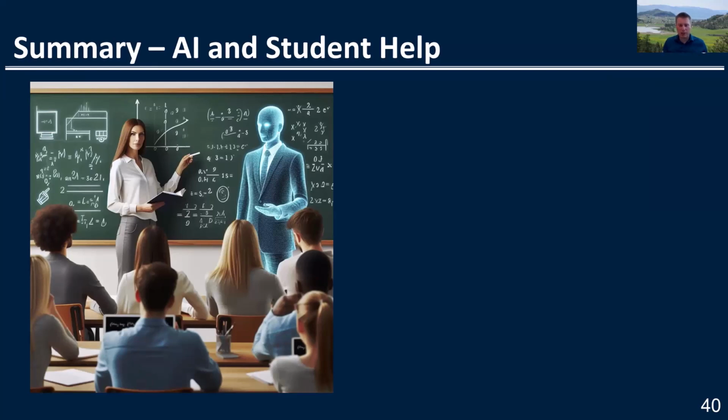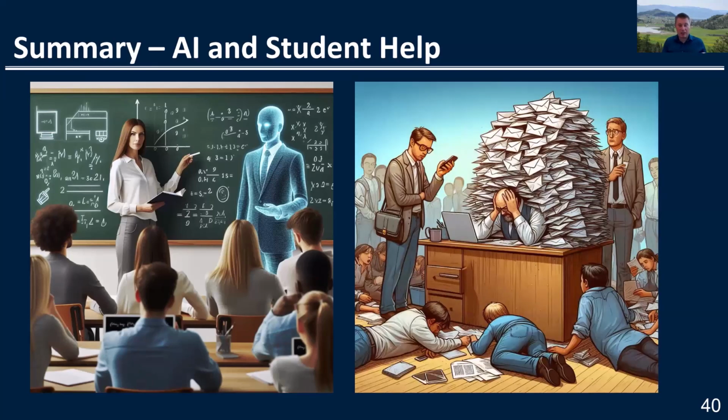What you can do is not just generate content and assessments with AI, but also have it help you answer some of these student questions in an effective way. Because I would say it's not effective to be answering emails all the time as our primary way of communicating with students.